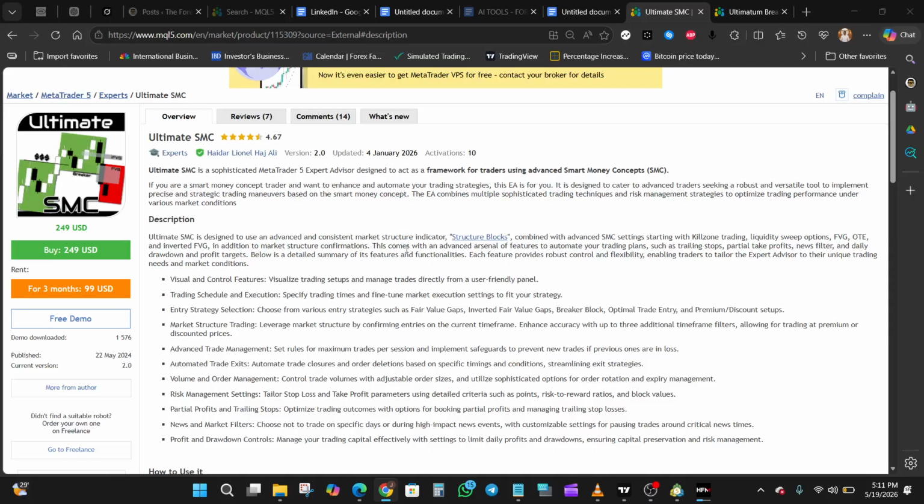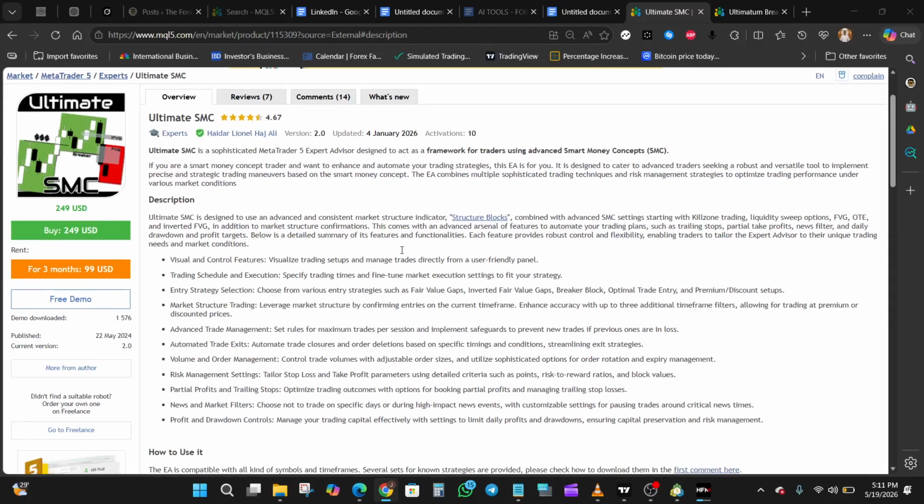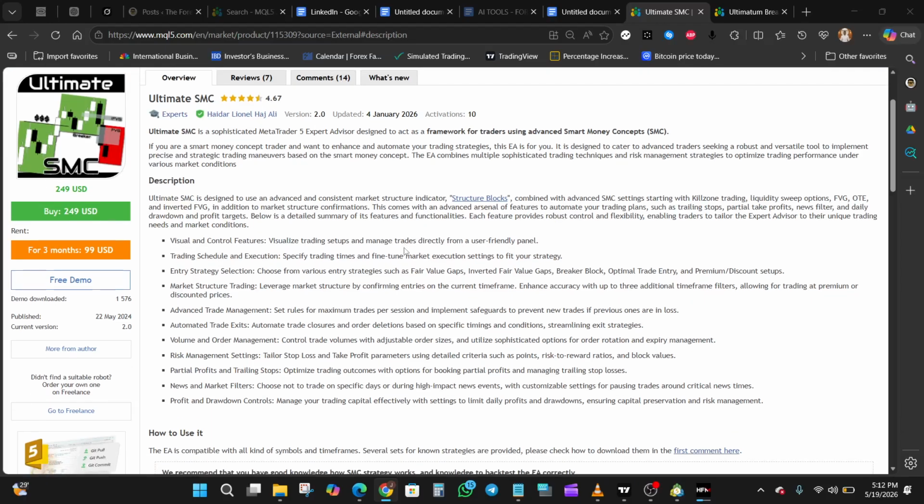As I scroll through the description, one of the key things highlighted is that the EA is built around market structure and concepts like liquidity, fair value gaps, and premium and discount zones. Okay, so the idea here is that it tries to translate those SMC principles into automated trade execution and management.